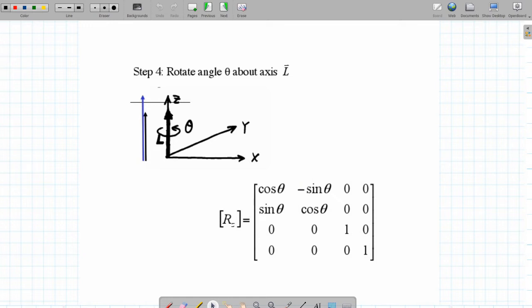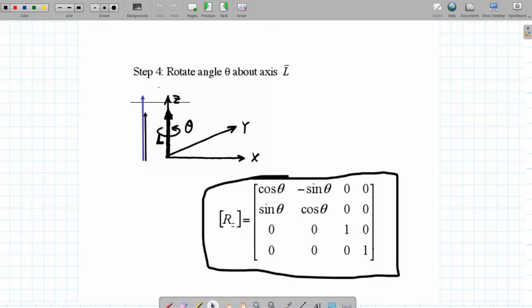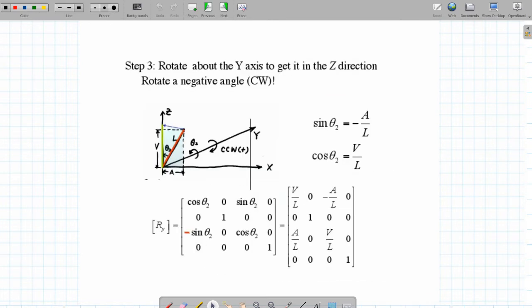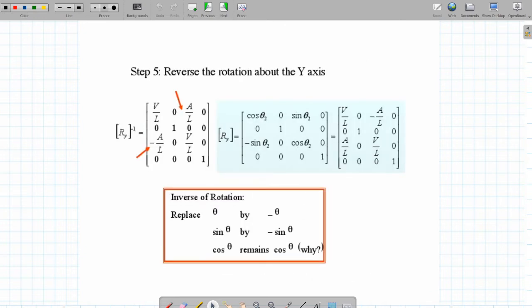Now the main rotation task is complete at step 4. The next task is to reverse the rotation in which we aligned our arbitrary axis with the x-axis. For this, you need to rotate everything by an angle of minus theta 2. This is going to be your rotation matrix.